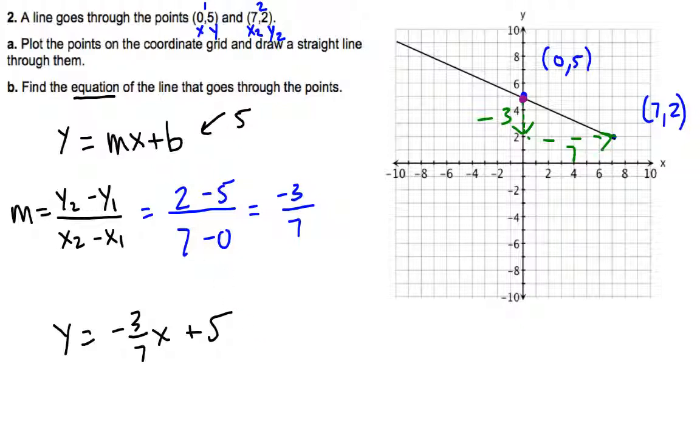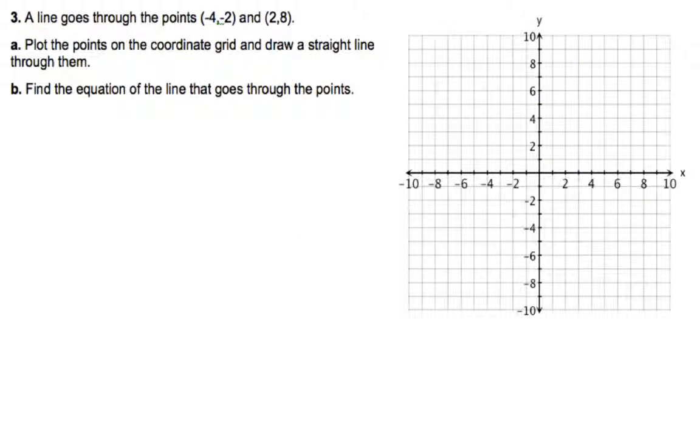Let's go on to another problem. On this problem, we have these points. We'll call this point 1 and point 2, so this is x1 and y1, and this is x2 and y2. Let's plot those points out.